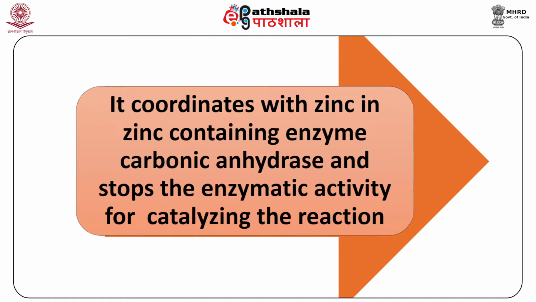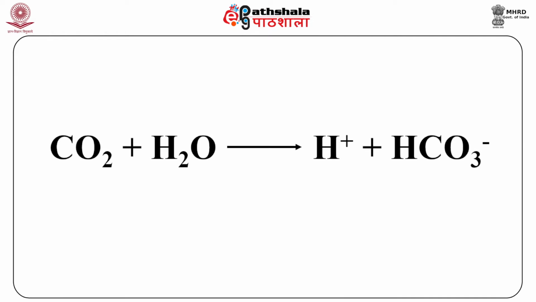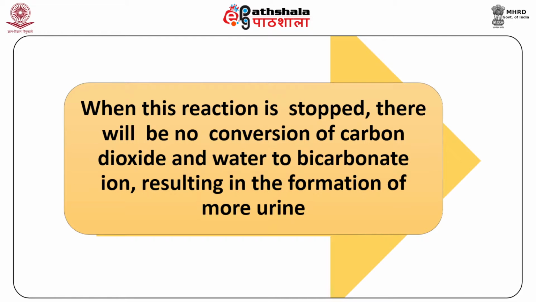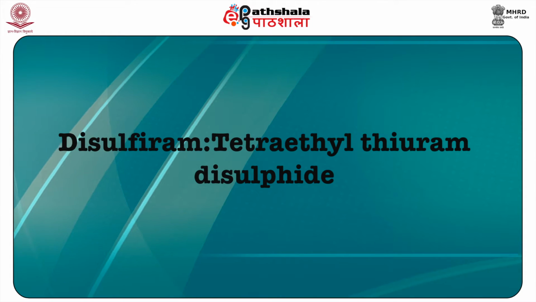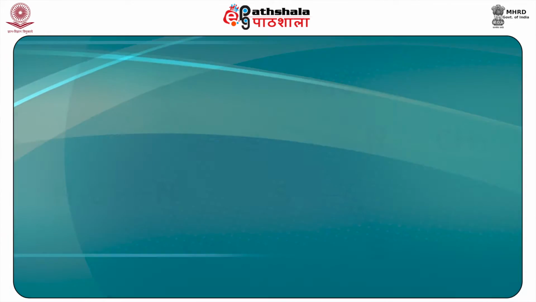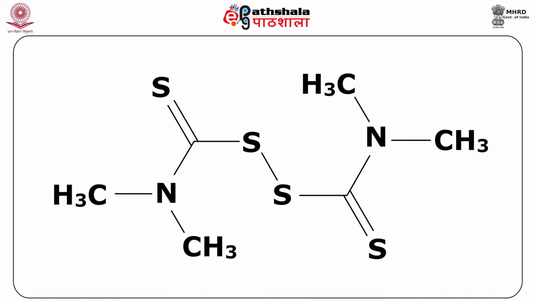It coordinates with zinc in the zinc-containing enzyme carbonic anhydrase and stops the enzymatic activity for catalyzing the reaction in which water combines with carbon dioxide to form bicarbonate ion. When this reaction is stopped, there will be no conversion of carbon dioxide and water to bicarbonate ion, resulting in the formation of more urine.